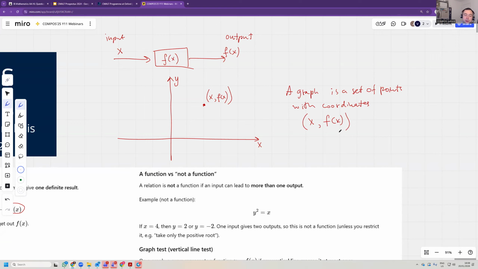So those are the coordinates of points, or just simply x, y, where y is obviously the value of the function. So x is independent and y is the value of the function, if that makes sense.